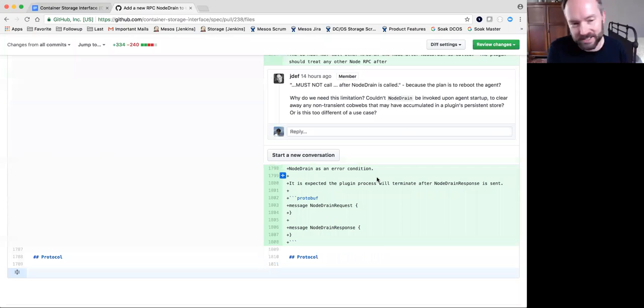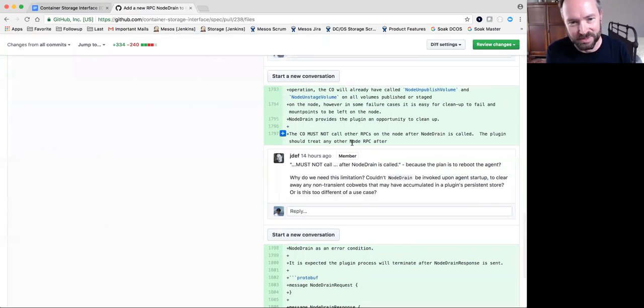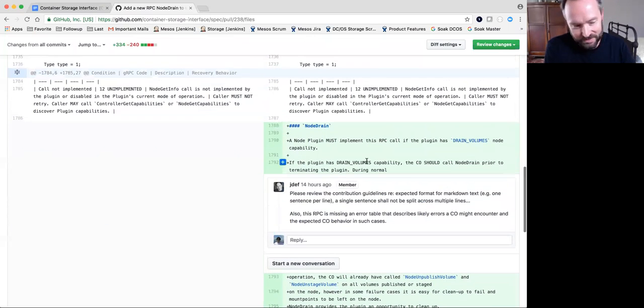That's just an example. There may be other examples, with iSCSI or things like that, where things timed out at shutdown or unpublish, and we end up with this leftover cruft on the operating system. And if that stuff's left to accumulate, it can cause problems.